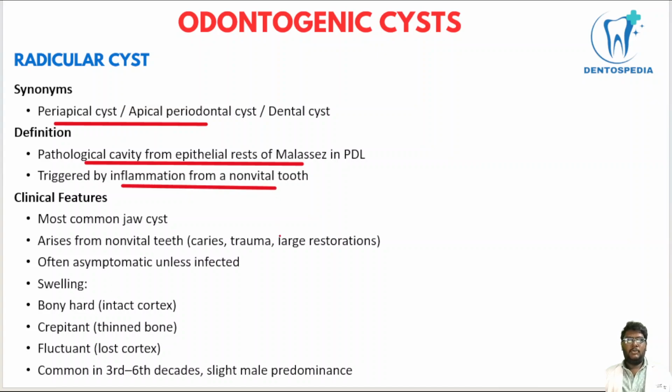So the non-vitality of the tooth might be contributed by caries or trauma or any complex restorations. Okay, and this is the most common jaw cyst among all the others. Okay, and it is commonly associated with the non-vital tooth.